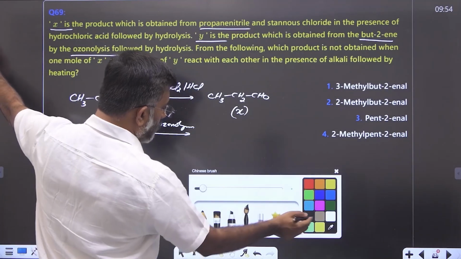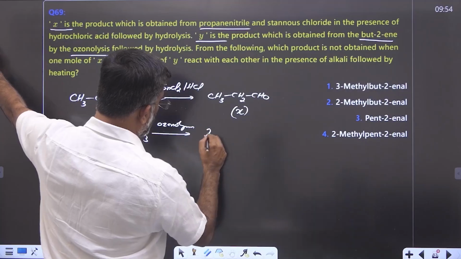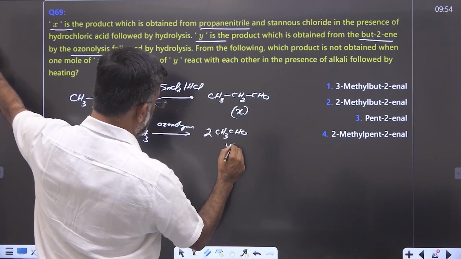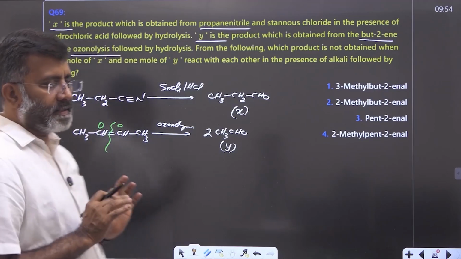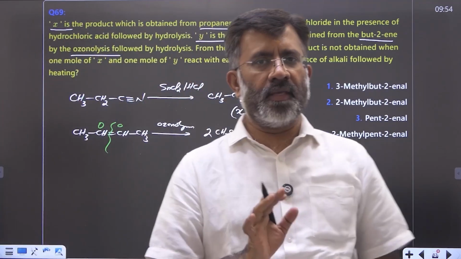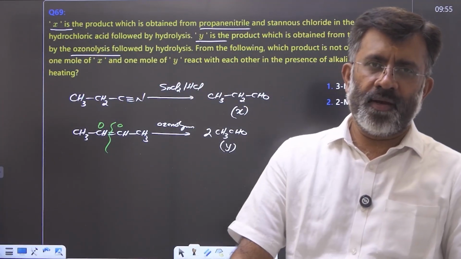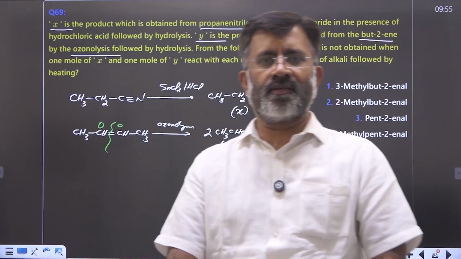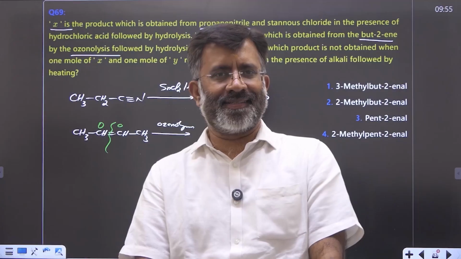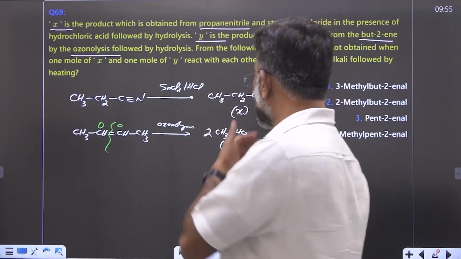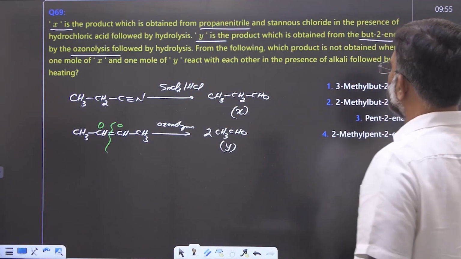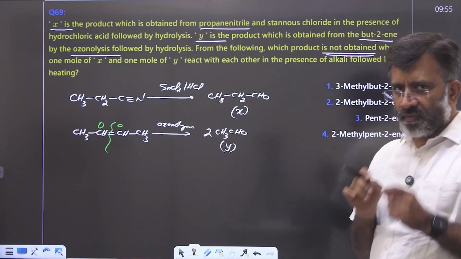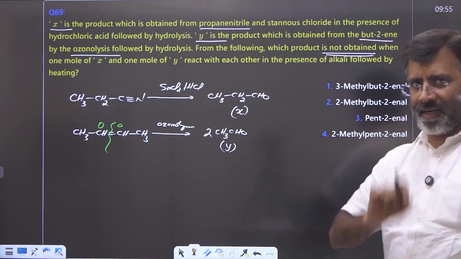You will be getting 2 moles of ethanal, and that is Y. So X is propanal and Y is ethanal. Now X and Y react together in presence of alkali, that is cross aldol condensation, isn't it? The question is, which of the following products is not obtained?